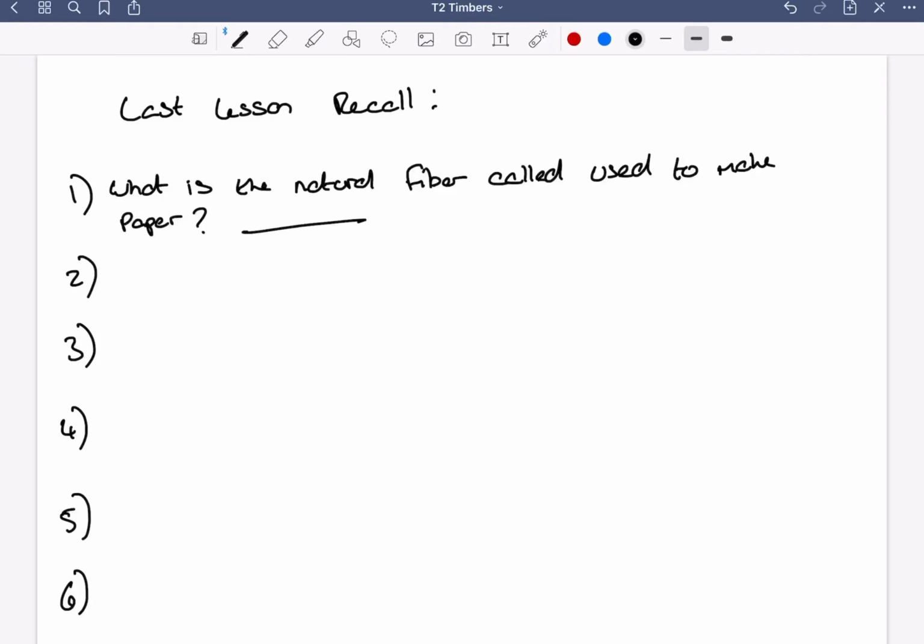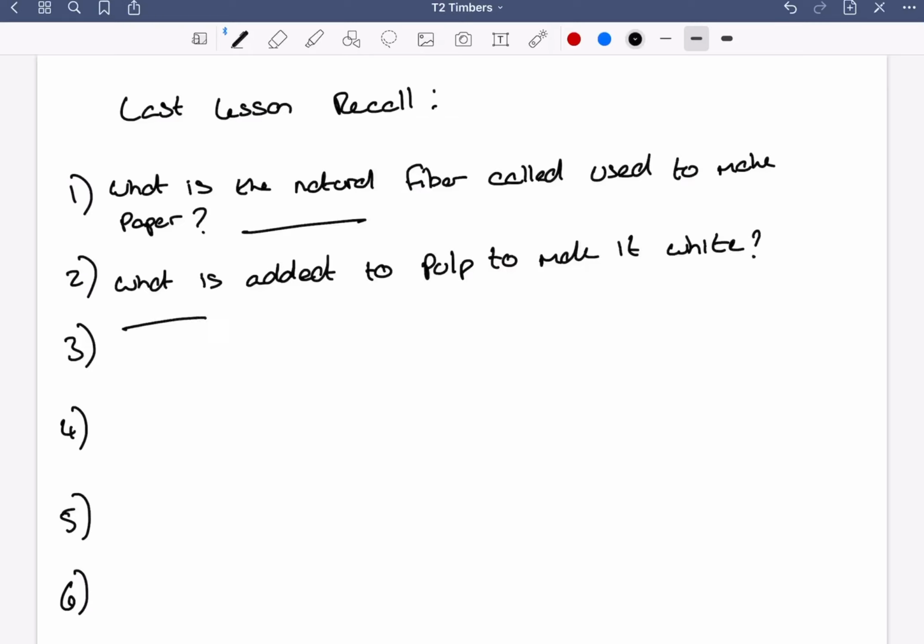The second one is what is added to pulp to make it white? So answer to that. Question 3, what does GSM stand for? GSM. So what do those 3 initials mean? 3 letters.